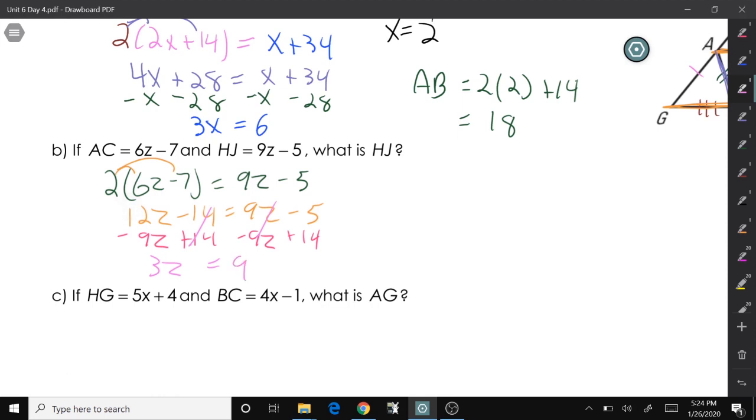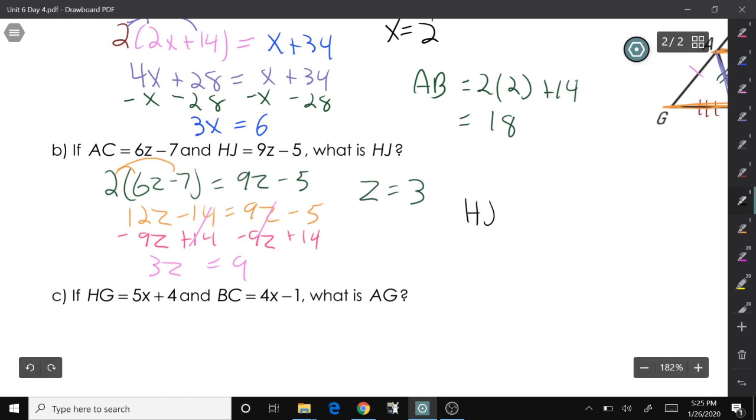Divide both sides by 3. Z equals 3. Now we got to plug that in for HJ. 9 times 3 minus 5. We can type that into the calculator and get 22.